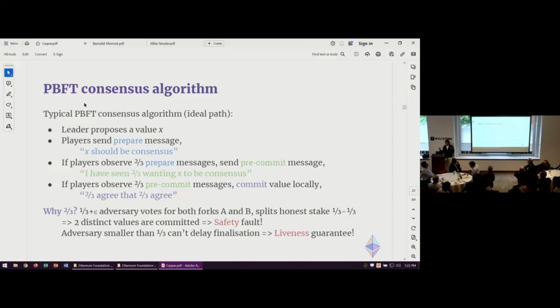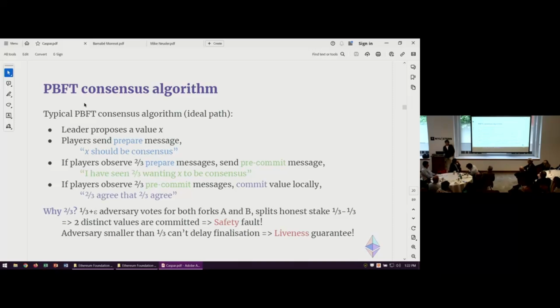Say a leader proposes a block, X. Now we're trying to come to consensus that everyone thinks this is valid, and everyone knows that everyone sees this block and wants it to be canonical, and you need to know that the other people also know.